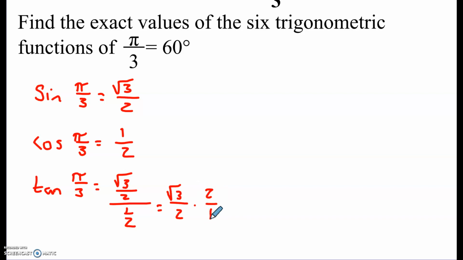So I'm taking my fraction and using the definition of division of fractions to multiply. Here we have a common factor of 2 that cancels out. And our final answer is the square root of 3.